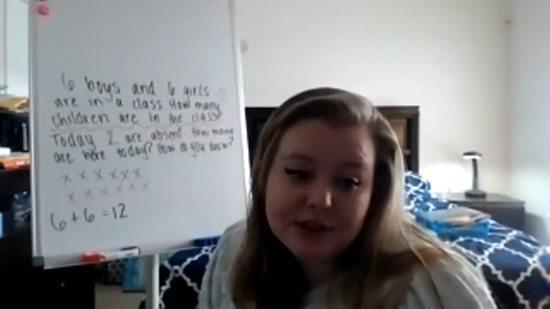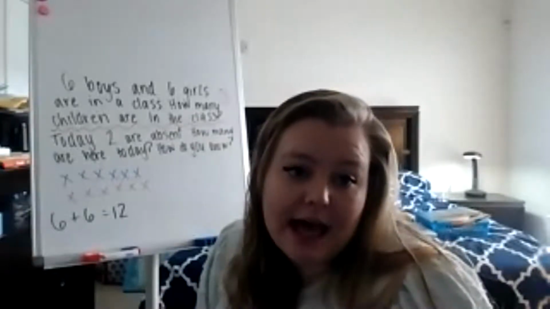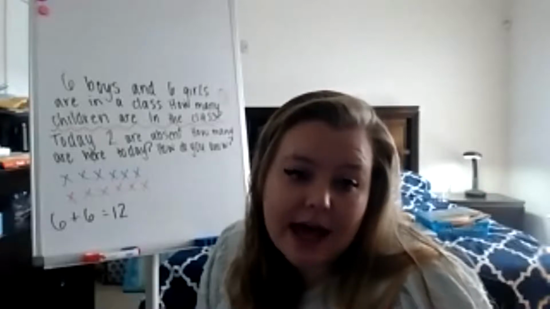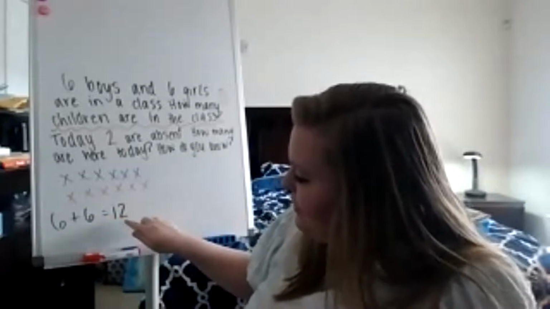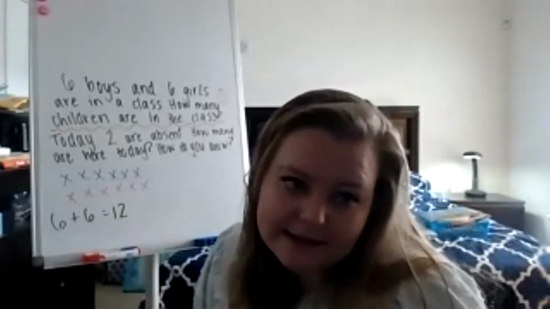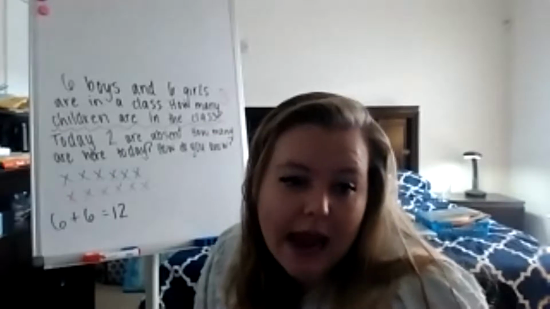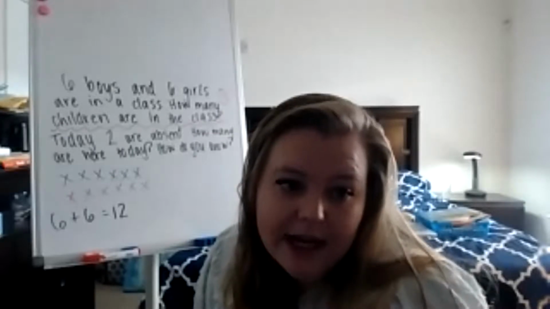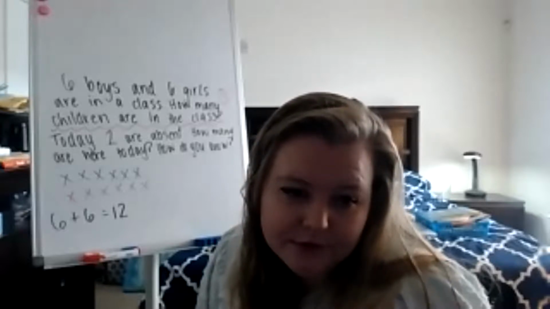Let's reread it to make sure that we answered it. 6 boys and 6 girls are in a class. How many children are in the class? We figured that out. 6 boys and 6 girls added together would give us 12 kids in the class. Then it says, today 2 are absent. How many are here today? How do you know?